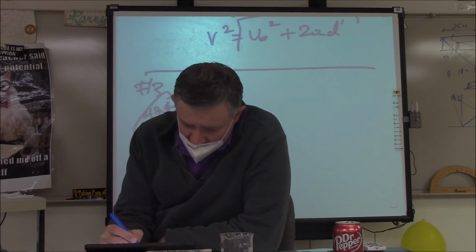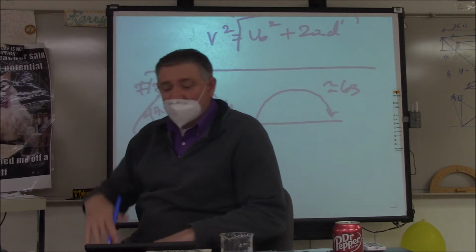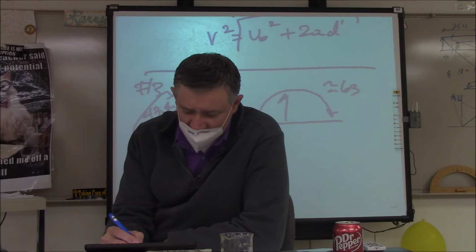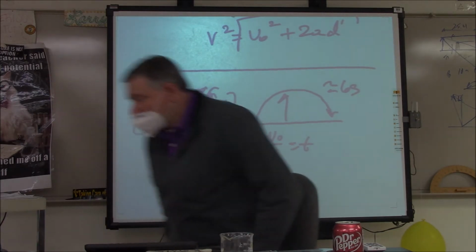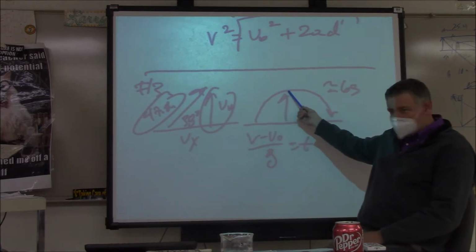So what you should see is that your total time should be about 6 seconds, okay? So, you know that Vy, so I'd go, okay, V minus V naught over g, that's my time up. On the way up, your final velocity is going to be 0.